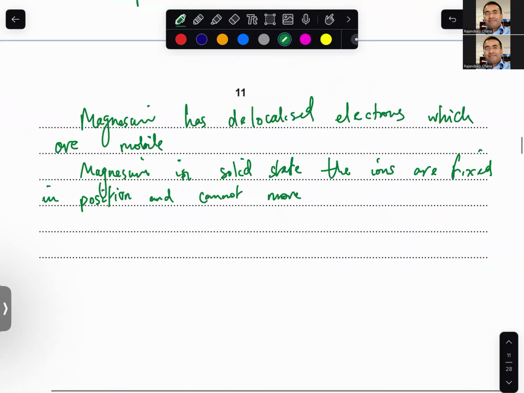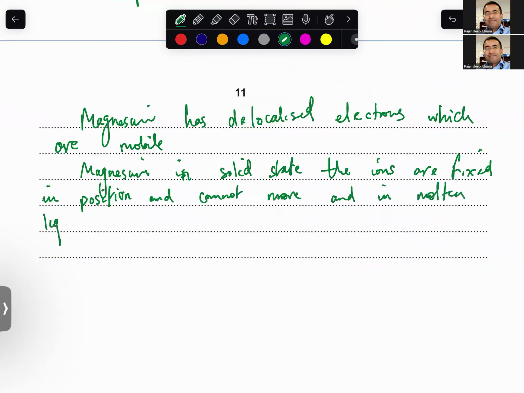And in molten liquid state or even aqueous, how do you spell aqueous? My spelling's gone. A-Q-U, wait a minute. Oh, it's an E. My goodness, what's happening to my spelling? A-Q-U-E-O-U-S, aqueous. Now, in molten liquid state or aqueous, the ions are free to move.